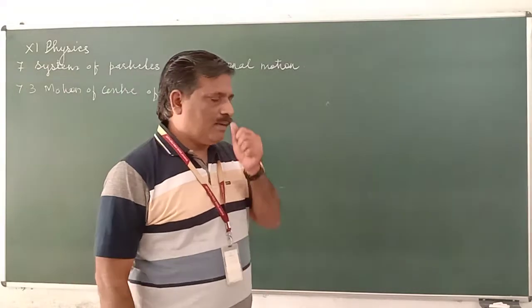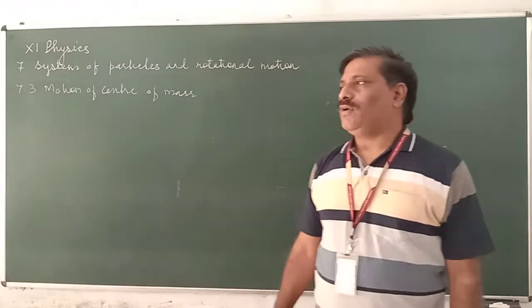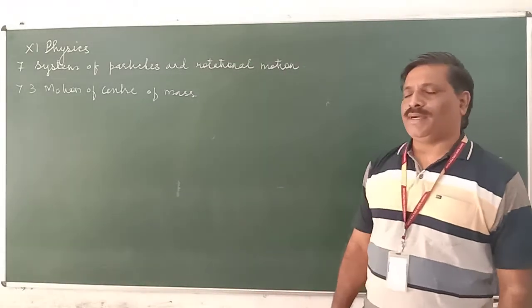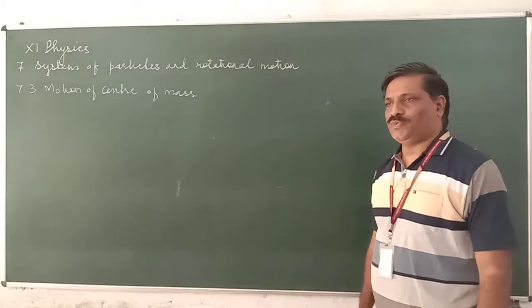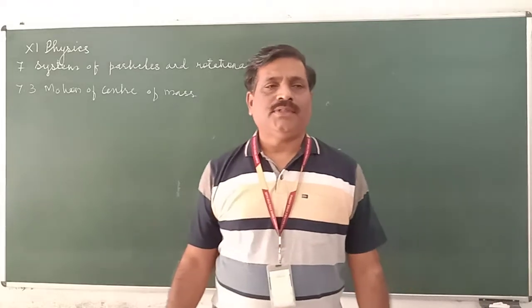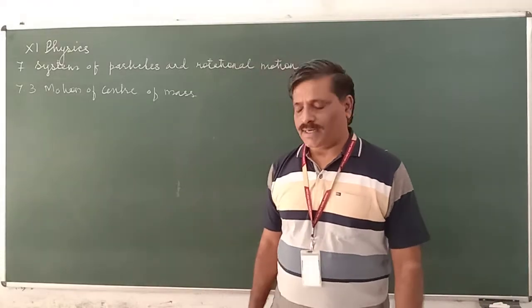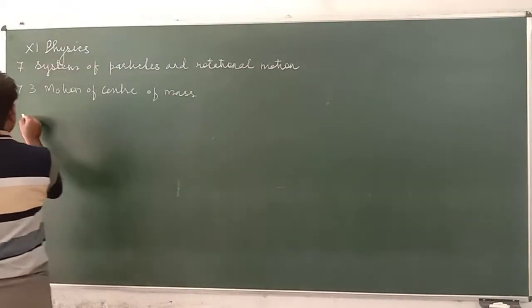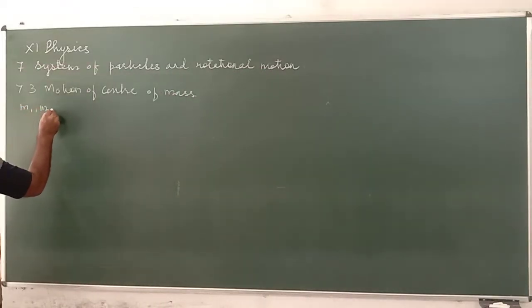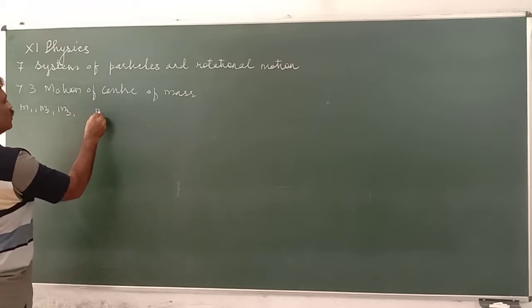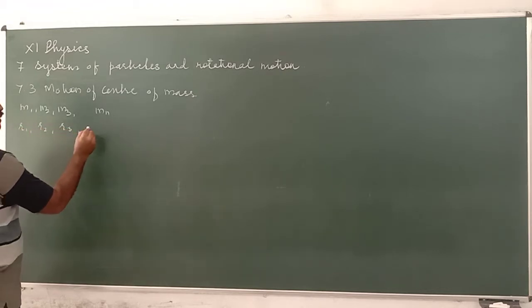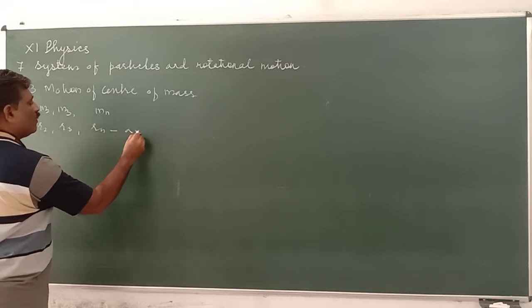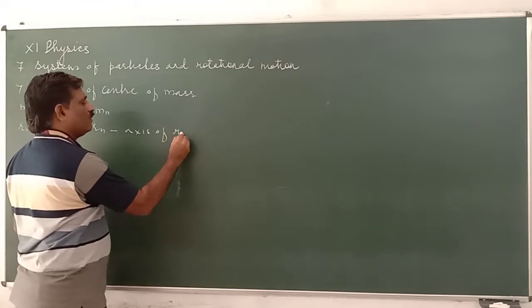Let's see. Now, the rigid body or extended body is a collection of particles, or any object which we consider to be a system of particles. Suppose the body consists of n particles of masses m1, m2, m3, and so on up to mn, which are at distances r1, r2, r3, and so on up to rn from the axis of rotation.